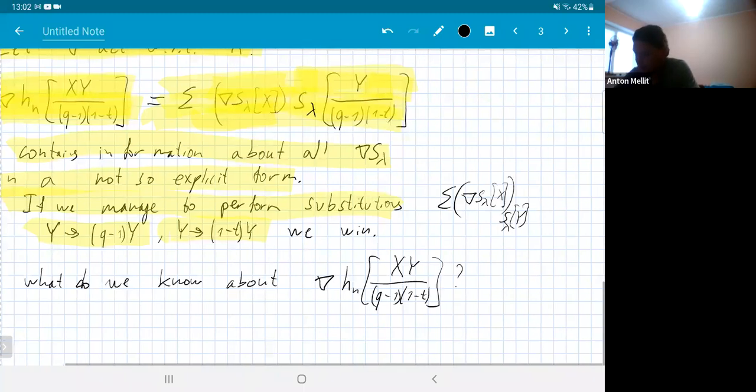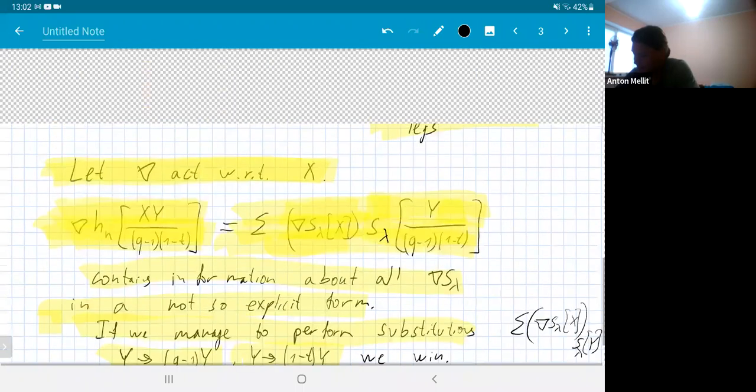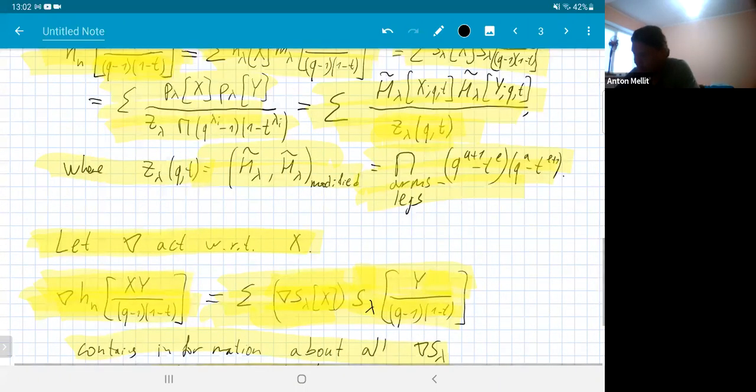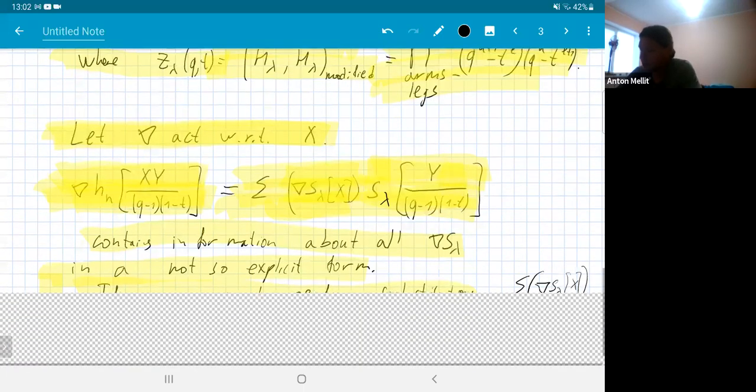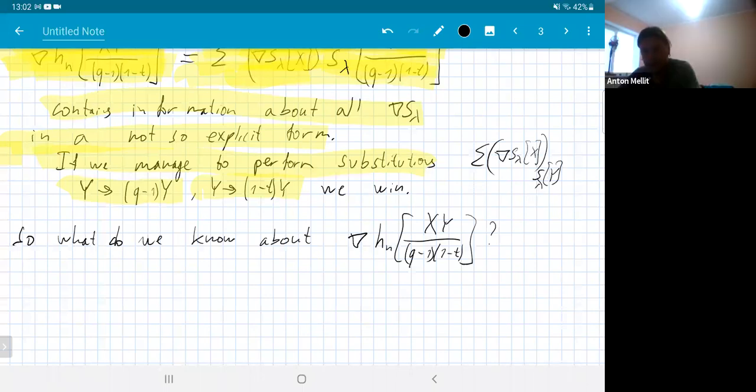Of course, you want to know Nabla of S lambda, so you expand it. You collect the terms in front of S lambda of y, and that's what you want. Sum over lambda. Okay, so that was the mistake.